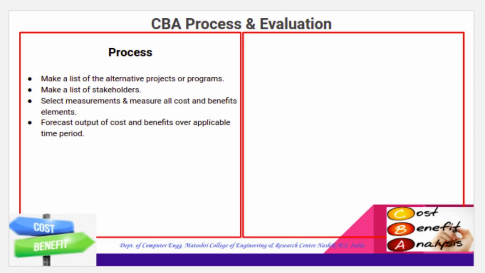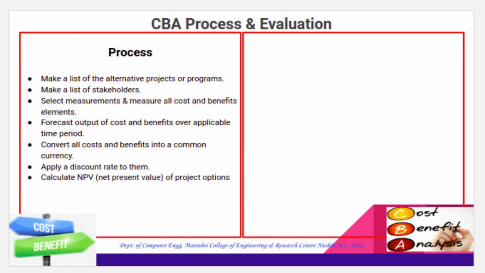Then forecast the output of the cost and benefit over an applicable time period, that is opportunity costs such as alternative investment or buying a plant versus building one. Then convert all costs and benefits into the common currency. Then the cost of potential risks such as regulatory risk, competition, and environmental impacts. Then apply a discount rate to them.